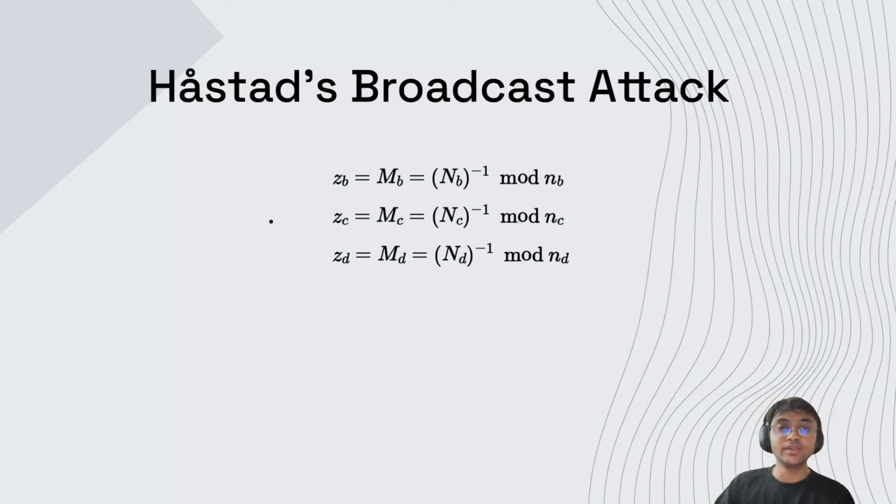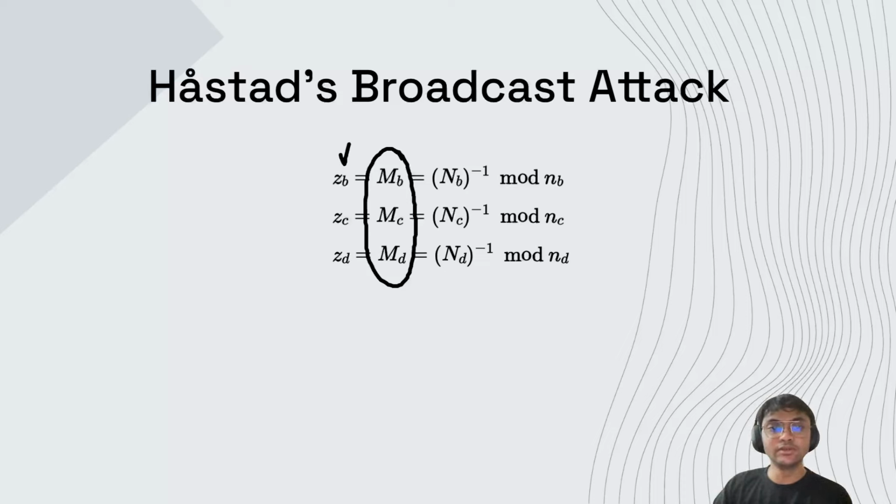Now, Eve has to construct Z sub B, Z sub C, and Z sub D, which are the modular inverses of the N sub i's that we just calculated. Again, in certain textbooks, we have different representations, and we want to know all of these. So Z sub B, Z sub C, and Z sub D could also be represented as M sub B, M sub C, and M sub D, respectively. Again, they were modular inverses of the things that we calculated right before.